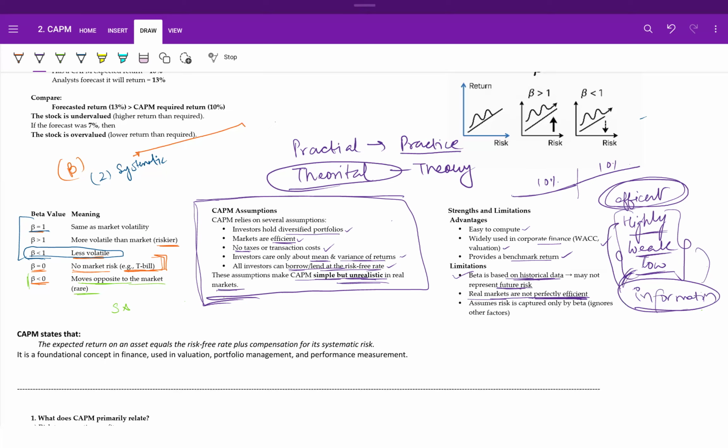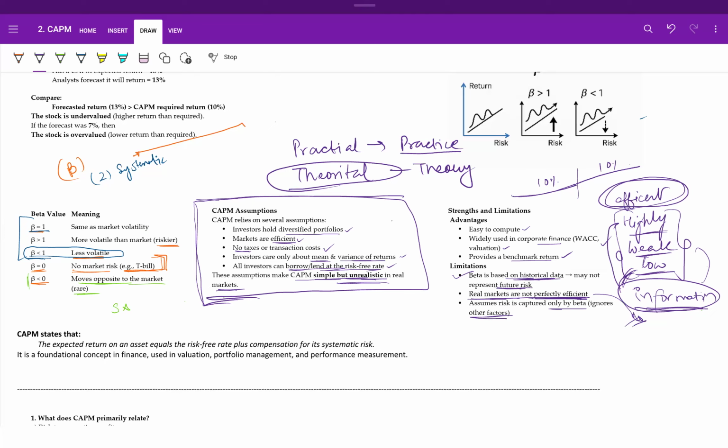Real markets are not perfectly efficient because there is some information which is proprietary and is only with the insiders of the company. The model also assumes risk is captured only by beta and ignores other factors. Yes, this is what I just talked about in the above point.